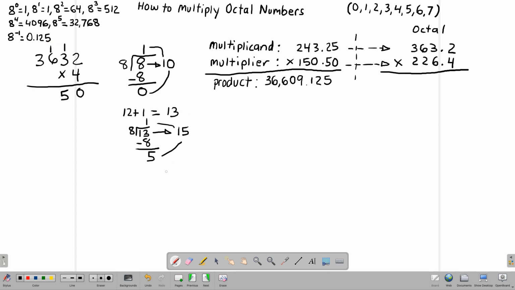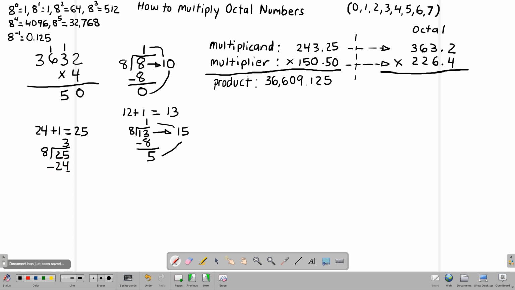So our next computation is 6 times 4, which gives us the value of 24. But we have to add the carry, and we get the value 25. So we have to convert that into octal, and we divide that by 8. So 8 goes into 25 3 times. 3 times 8 is 24.